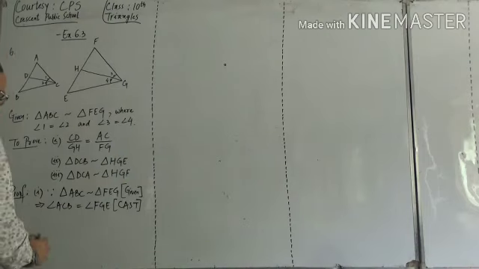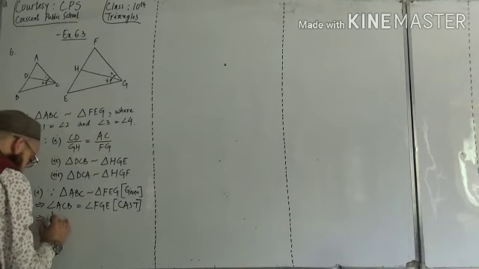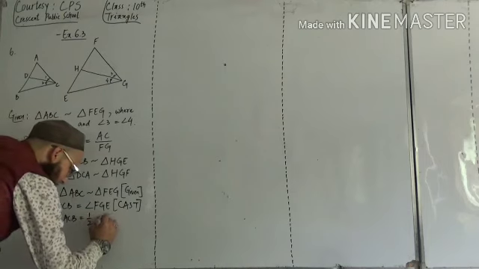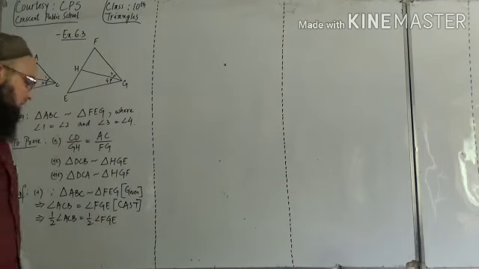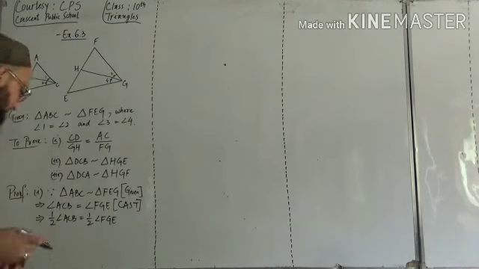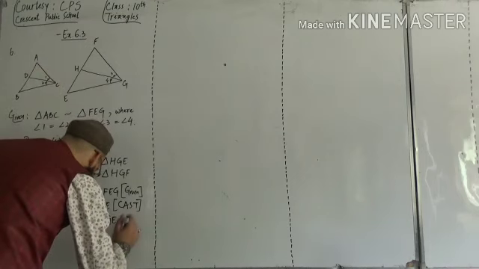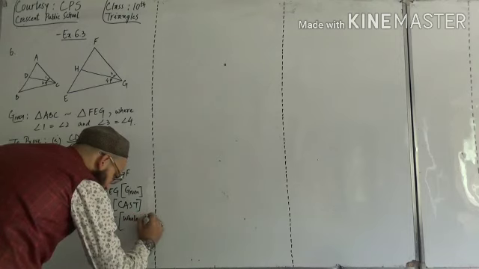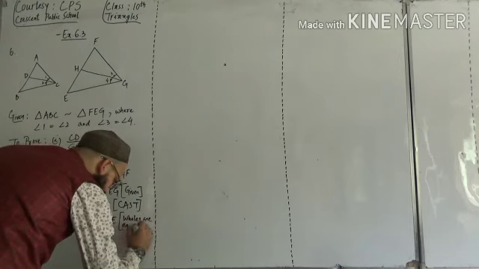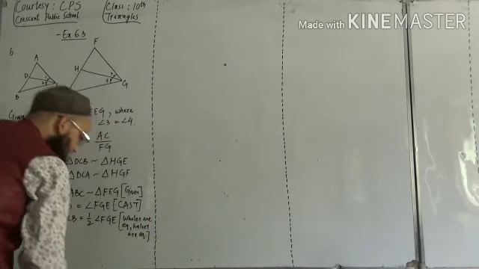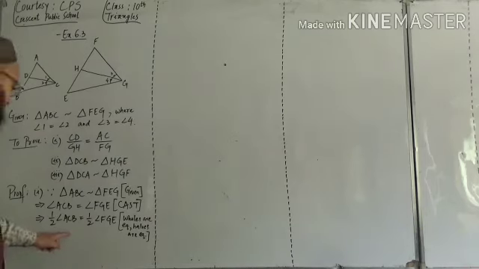Now, which implies that half of angle ACB is equal to half of angle FGE. Why? It's the Euclidean postulate that when wholes are equal, halves are equal. Got that one? Yes. Then half of angle ACB is angle 1.